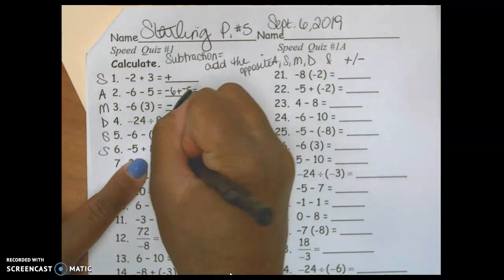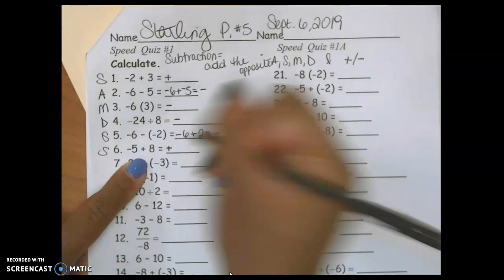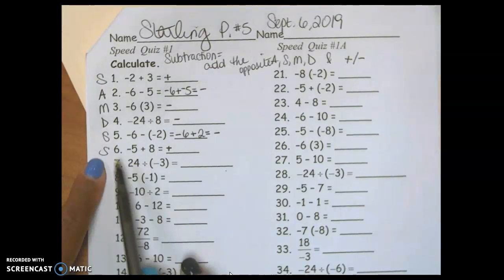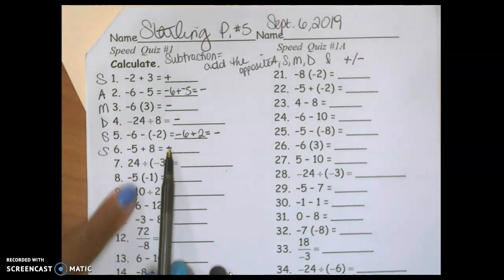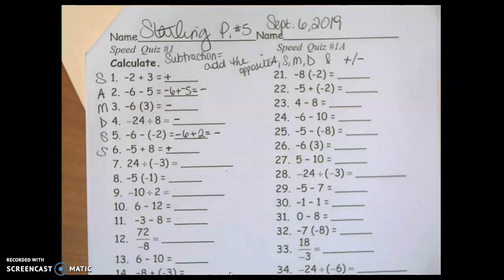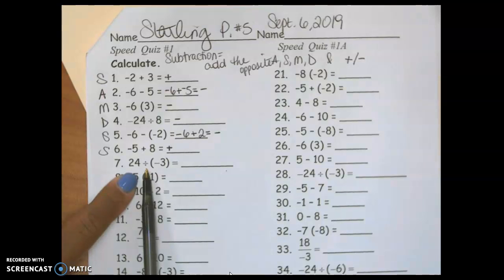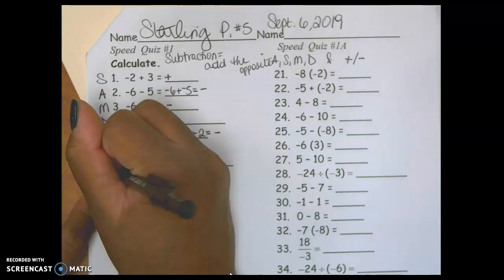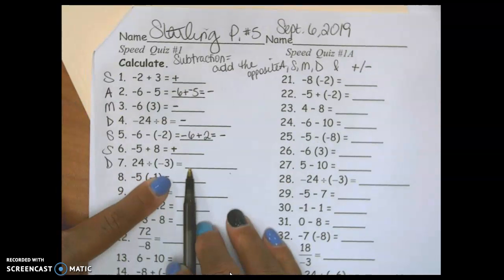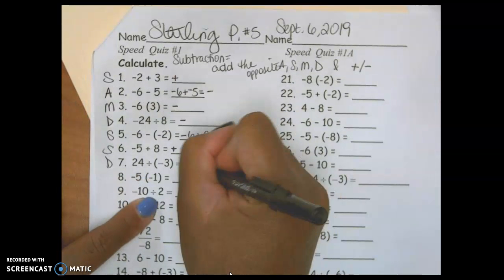A positive number. I don't want the answer, I just want the type of answer. What do I do first? Then what will I have? Here, what will I do? Divide. And what will I have? Negative number. Good.